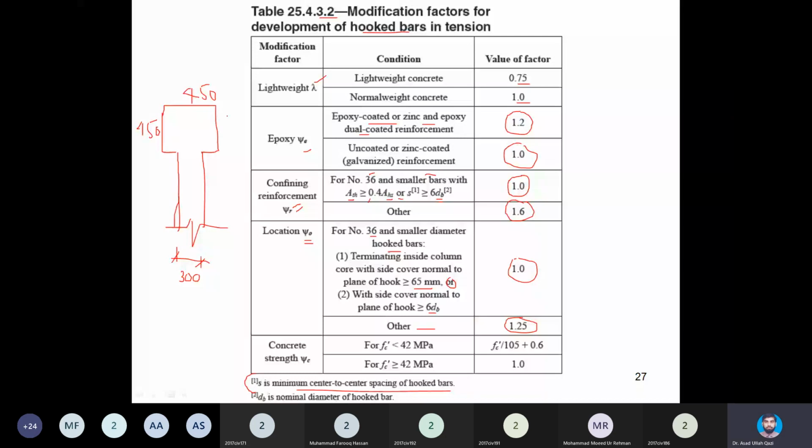So normally in the beam, the corner bar is kept at an edge clear cover not less than 50 millimeter, and once it enters, you provide a standard hook at the end.